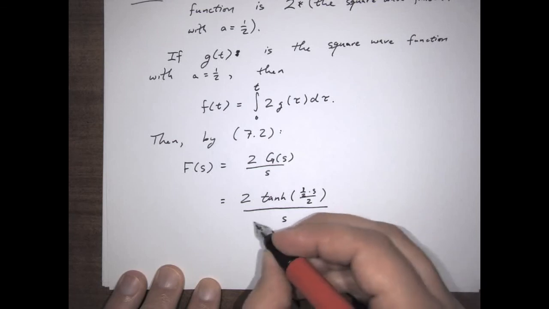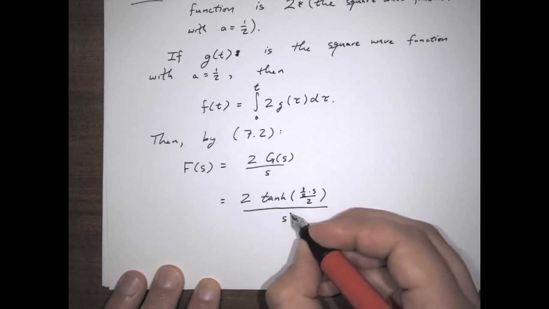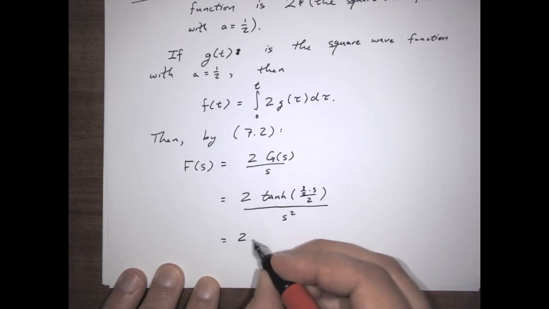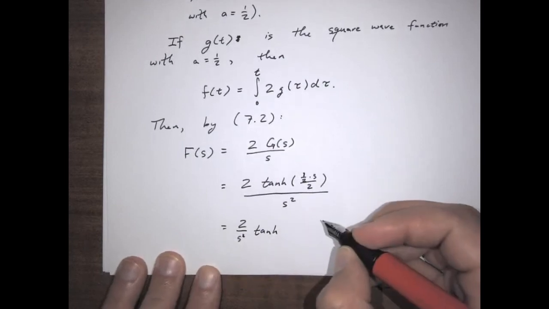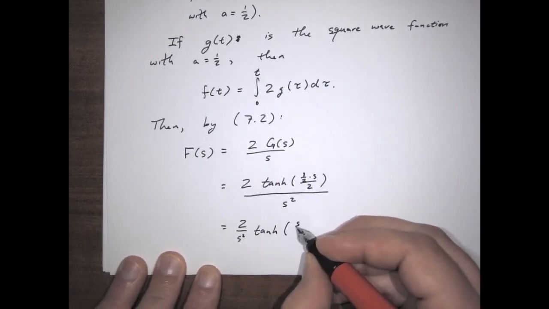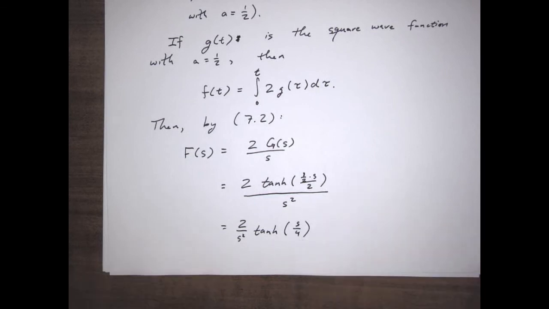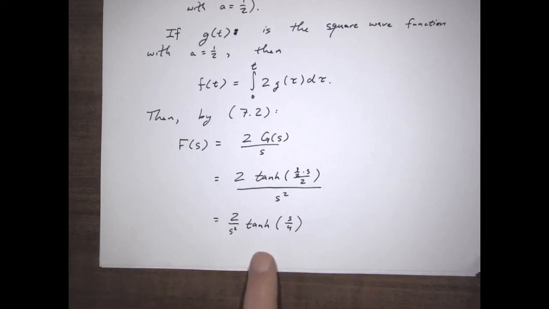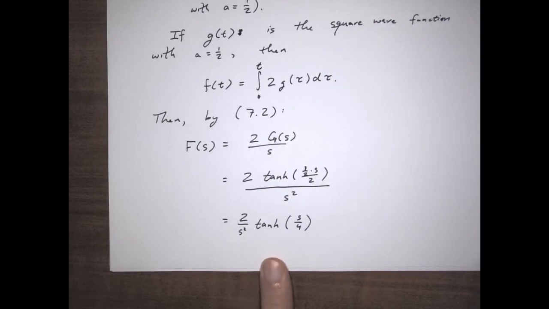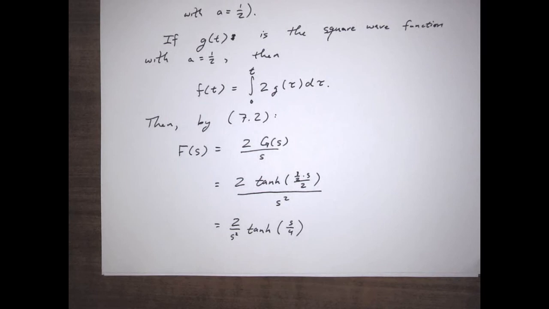Sorry, this was already divided by s, so this is going to be divided by s again. So that's going to be 2 over s squared, hyperbolic tangent of s over 4. So by cleverness, if we notice something convenient, like the fact that our function is the antiderivative of a known function, then we can get a shorter, slicker way to the finish line. But either way works. We got there all the same.